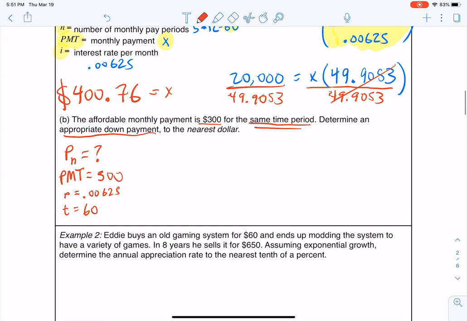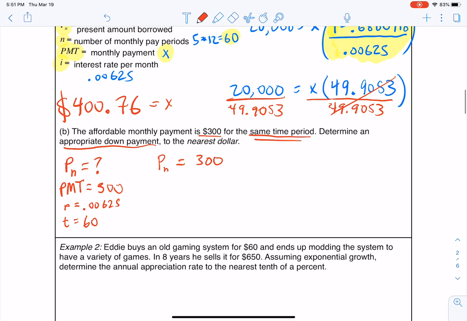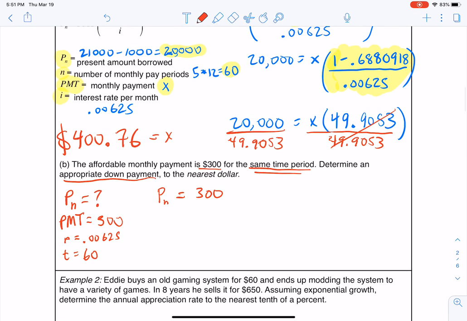Okay, so let's figure out what we borrowed here. That's what we're looking for. P of N equals 300 times, and we're kind of lucky here because we already did the calculation that happened in this part of the equation.